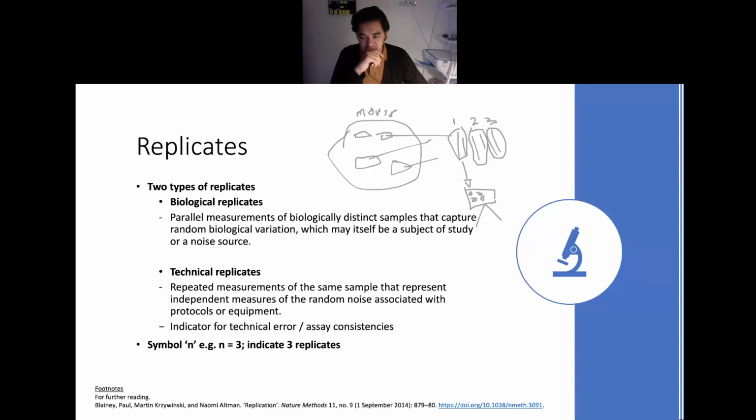Each one of these, 1, 2, 3, 4, comes from here. This indicates a technical replicate, 1, 2, 3, 4, because they come from the same biological sample and you seed it into 4 wells. These are the technical replicates.